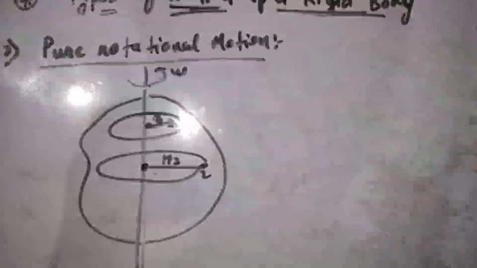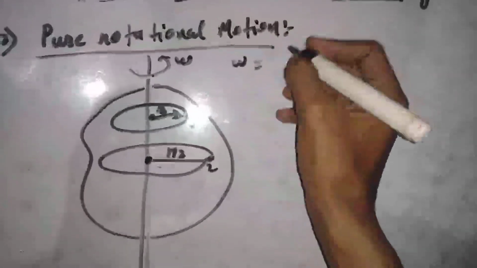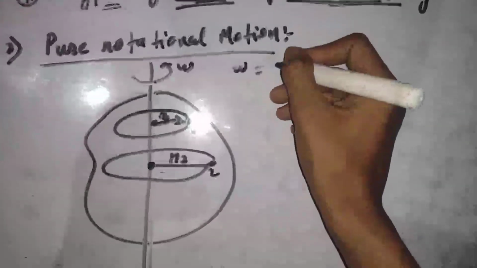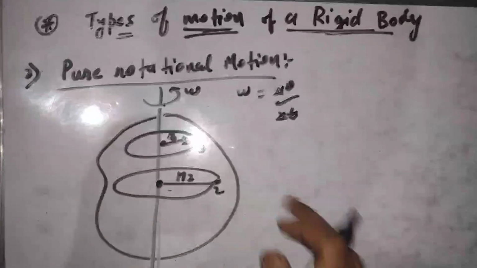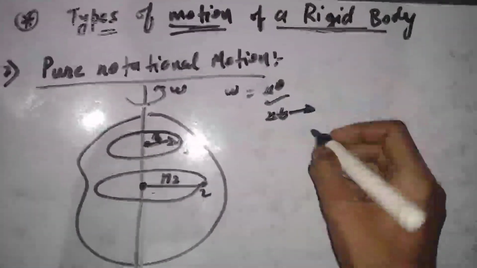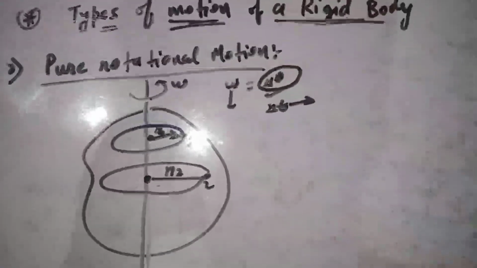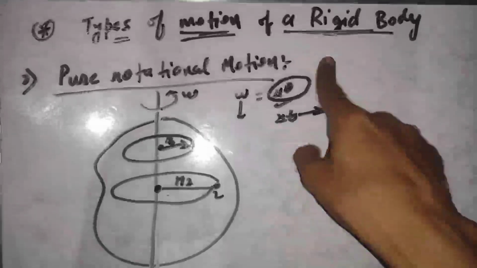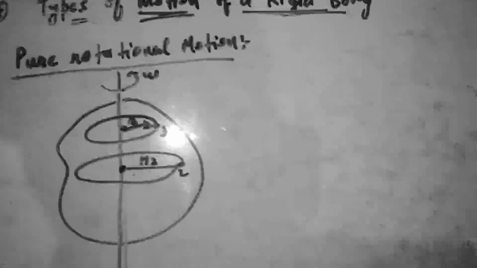Because they are moving with the same omega, and omega is defined as delta theta by delta t, and the interval of time is the same, this quantity must be the same. So every particle will have an equal angular displacement in an equal interval of time.